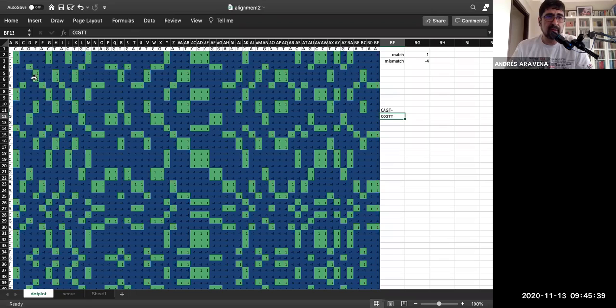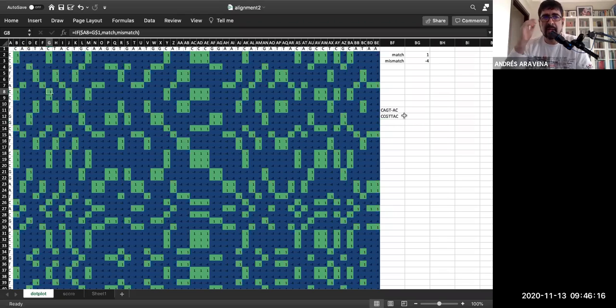Now I am here, and I can go with this diagonal. I have T with T that I had before, then the gap, and now I have A with A and C with C. So if I start in the first corner and I get until here, this is the alignment that I'm making.